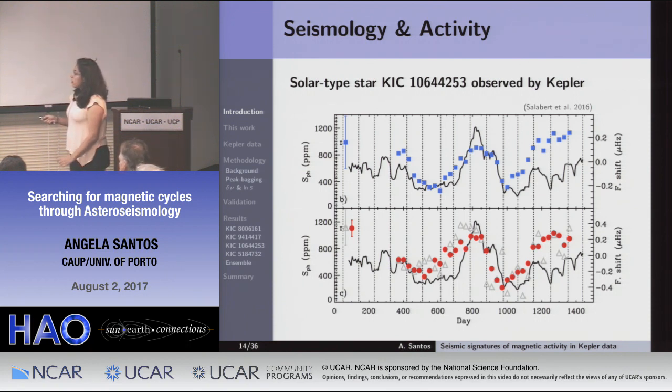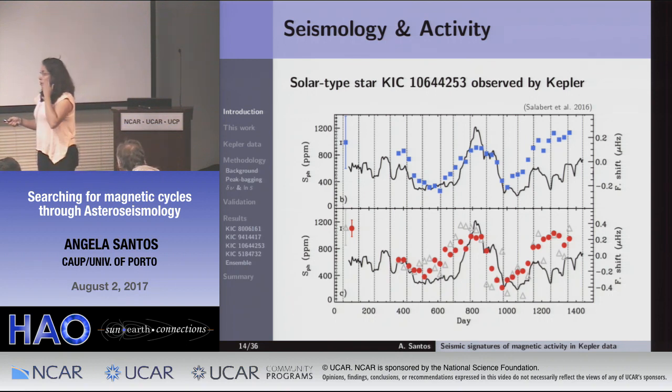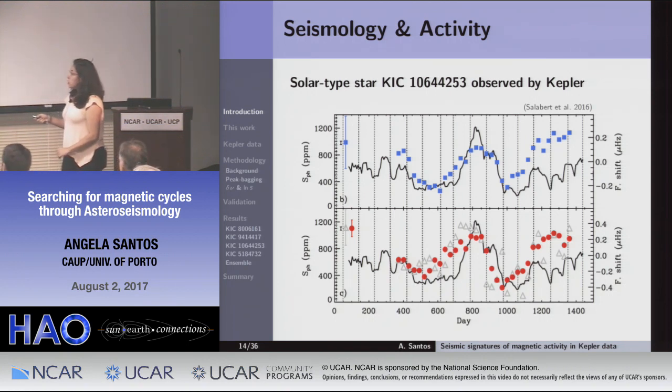The squares are frequency shifts and the solid line corresponds to the S_ph index, a star spot proxy, a photometric activity indicator also derived from the light curve. They found the frequency shifts and the S_ph varying more or less in phase over time.